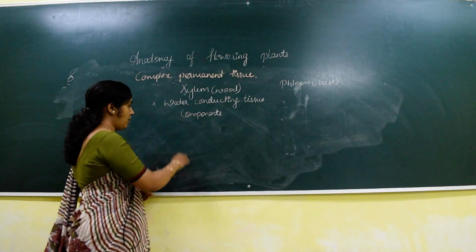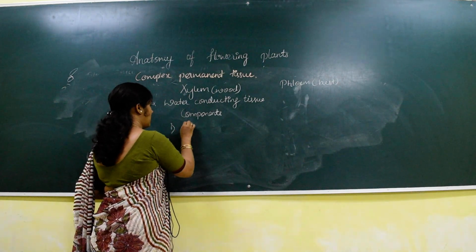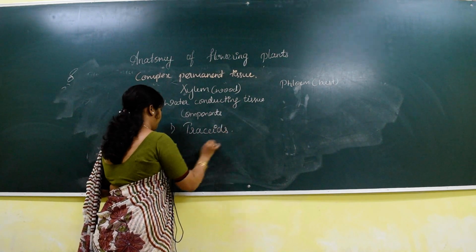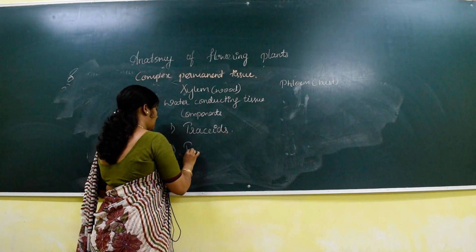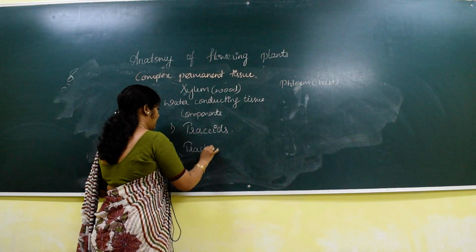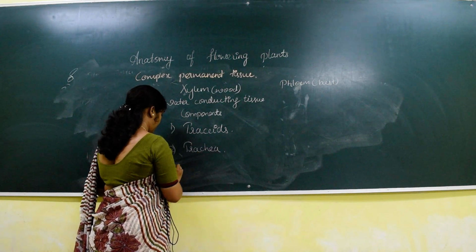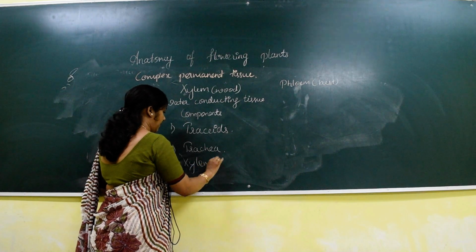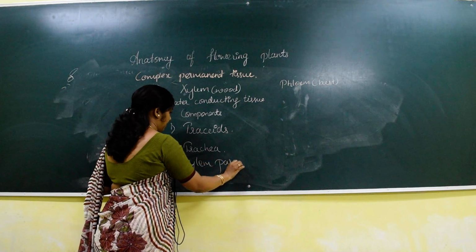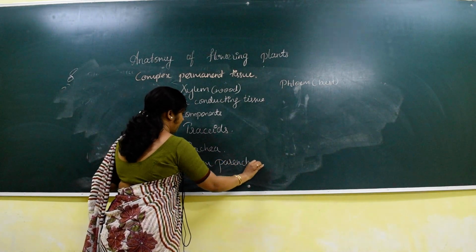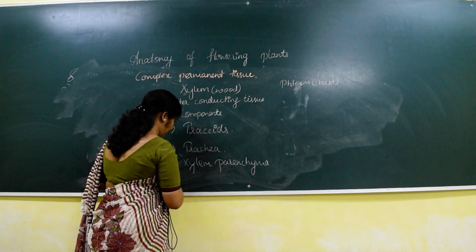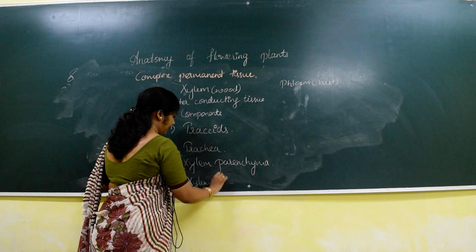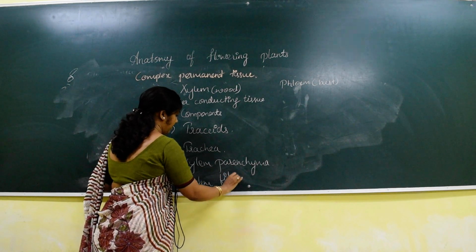So what are the different components in the xylem? One is tracheids, second one is trachea, third is xylem parenchyma, and fourth one is xylem fibers.